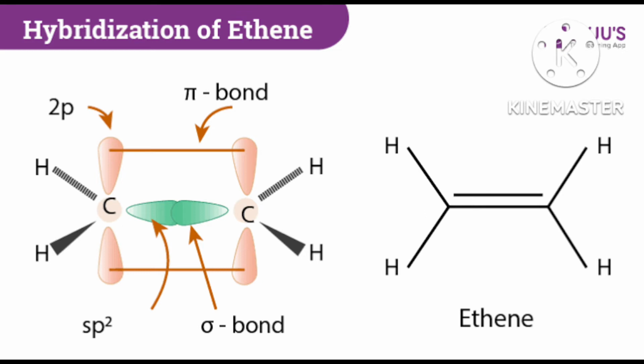Okay. Thus in the ethene molecule, the carbon-carbon bond consists of one sp2 sigma bond and one pi bond between p orbitals which are not used in the hybridization and are perpendicular to the plane of the molecule. The bond length is 134 picometer.